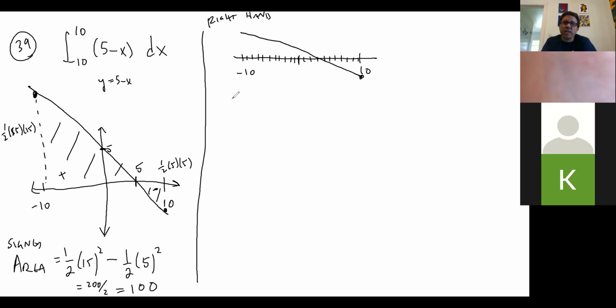I think you can see that if you chopped it into just 2 pieces, like here and here, each of those would be 10 units wide, because it's 20 units total from -10 to 10. If you chopped it in half, then it would be 20 divided by 2, and that'd be 10.